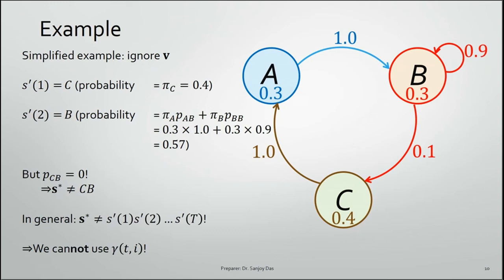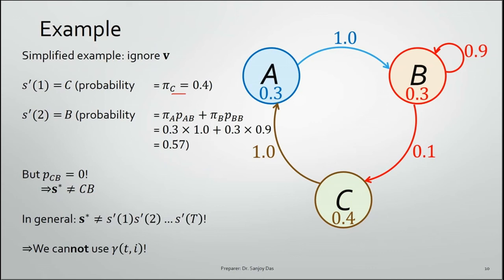Now, what's the most probable state at time step 1? Obviously, it's the state which has the highest initial probability, and that's C. So S prime 1 is C, because pi of C is 0.4, which is more than pi of A and pi of B, which are 0.3 each.